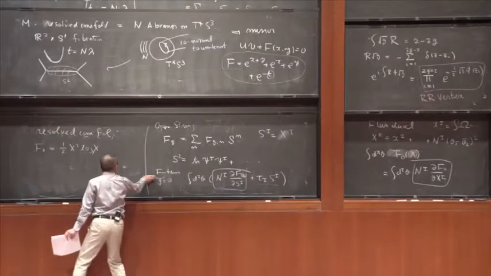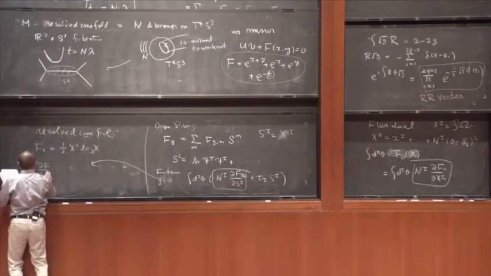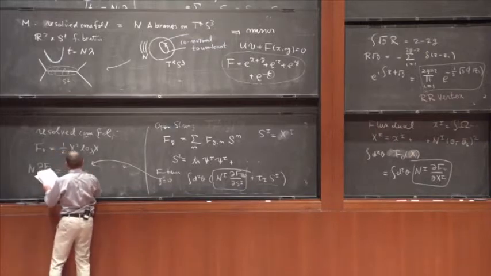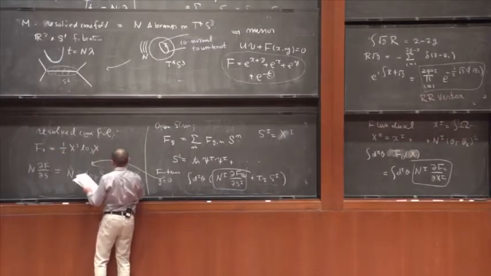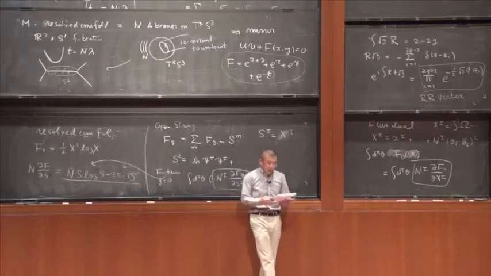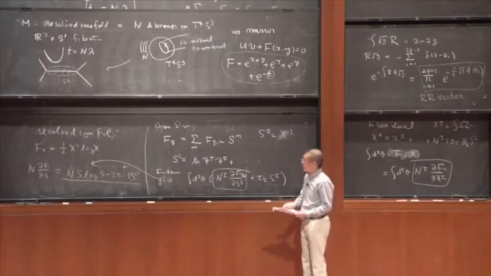So then if you apply this procedure, you find that N times ∂F/∂S gives rise to N S log S minus 2πi τ S. And this is nothing but the Veneziano-Yankielowicz superpotential that appears in the lecture by Nati Seiberg.